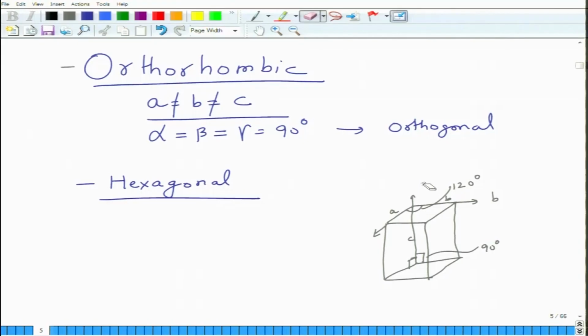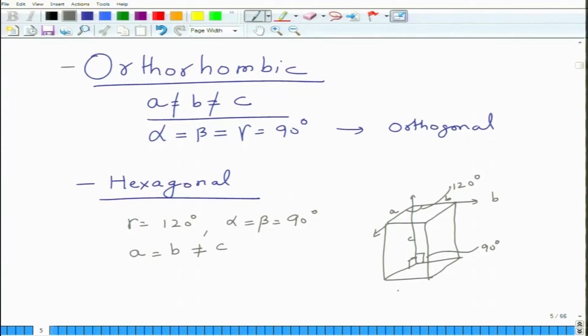Now the angle between a and b is gamma, so here gamma is equal to 120 degrees. What about alpha and beta? Alpha is equal to beta is equal to 90 degrees. What is the relation between a and b? a is equal to b, but it is not equal to c.